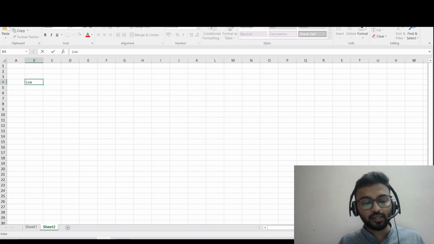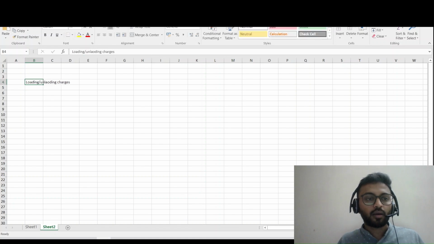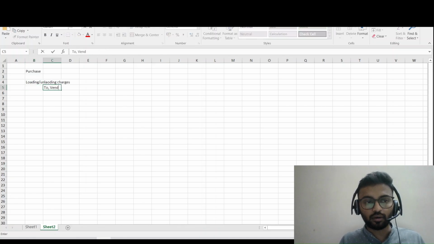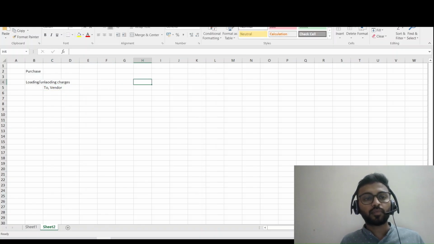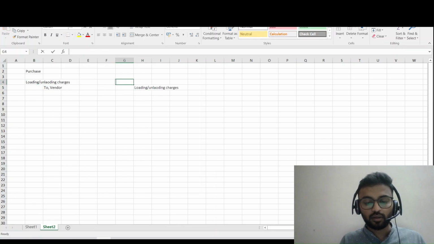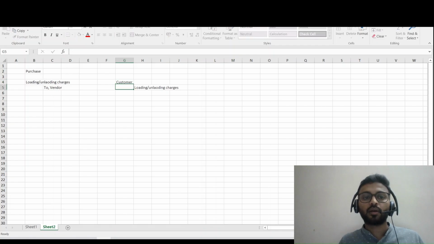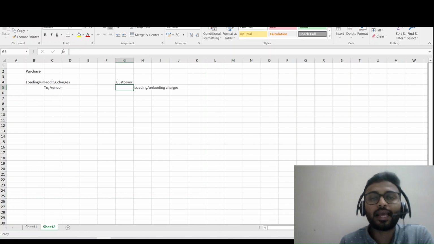Charges might be loading and unloading charges. At the time of the purchase, the loading and unloading charges account will be debited because it is our expense, and the vendor is credited. Similarly, in the case of the customer, loading and unloading charges will be credited and the customer account will be debited. So this is my journal entry. To understand the charges in a better way, we need to understand this basic entry.